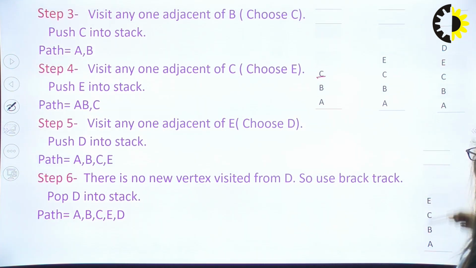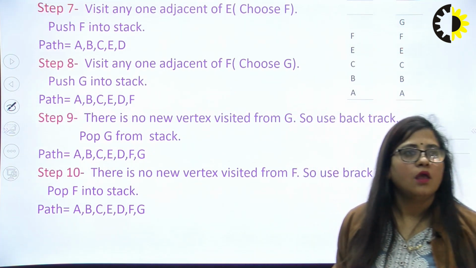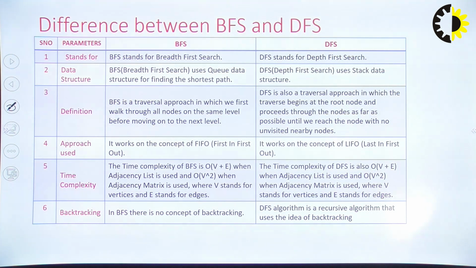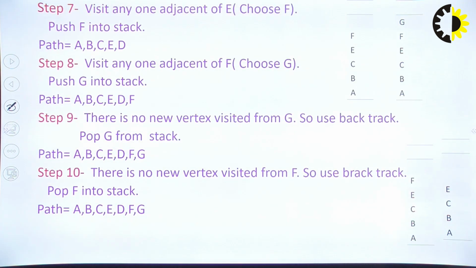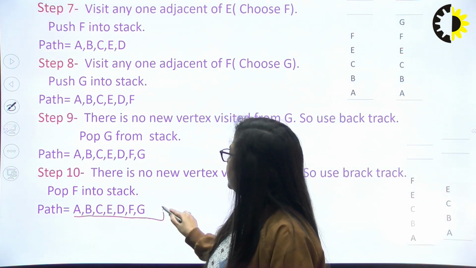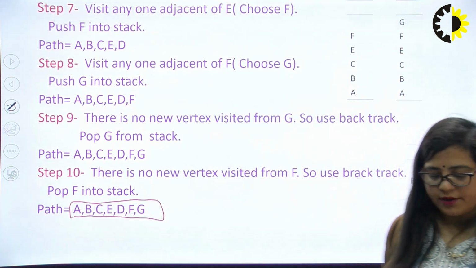So it is the same output of DFS. So the final output of this DFS path is A, B, C, E, D, F, G.